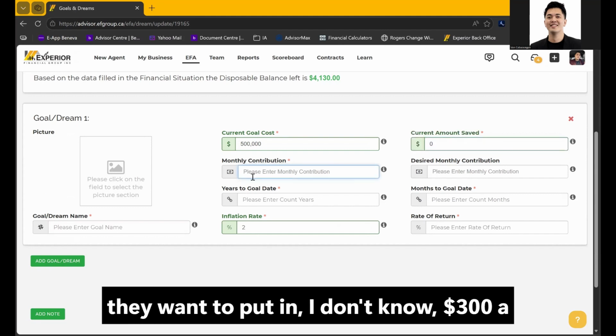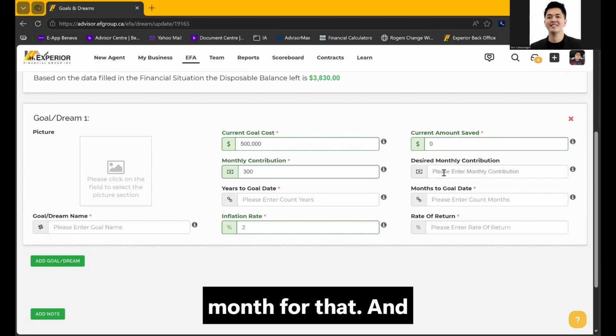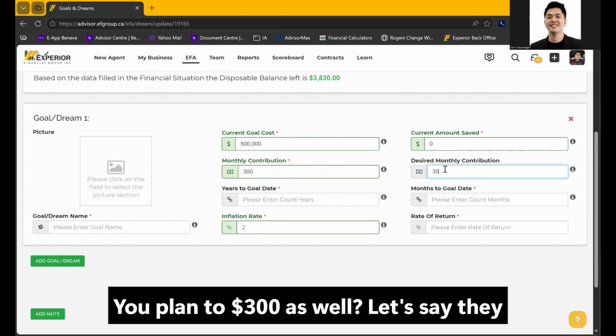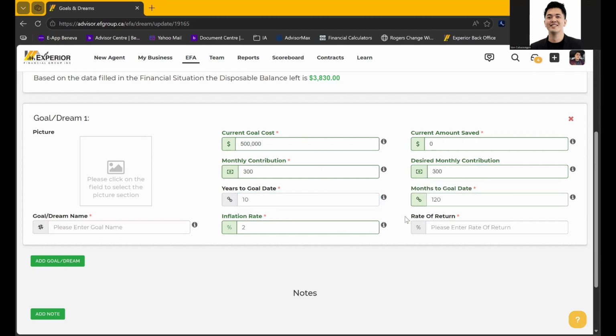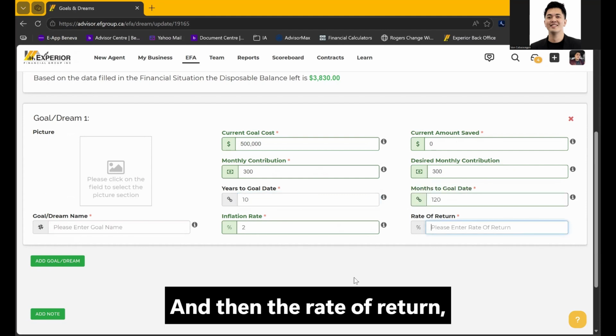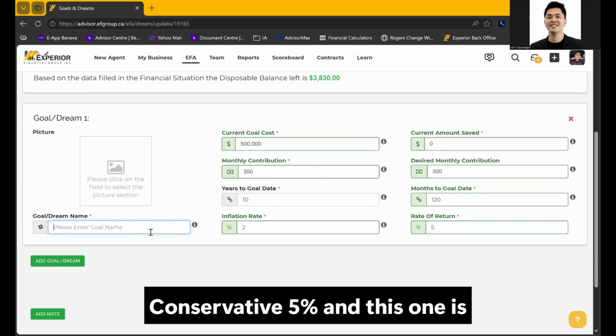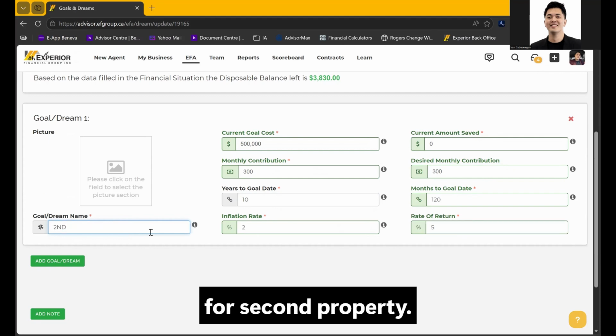But let's say they want to put in, I don't know, $300 a month for that, and the desired monthly contribution, you put in $300 as well. Let's say they want to achieve it 10 years from now. And then the rate of return, of course, let's keep it simple, conservative, 5%. And this one is for second property.